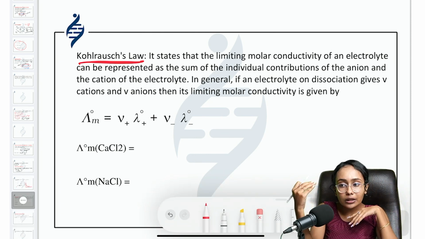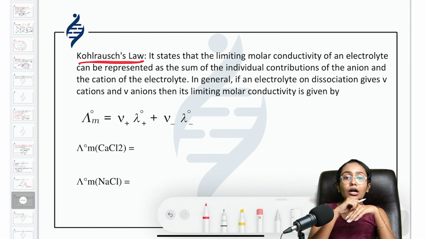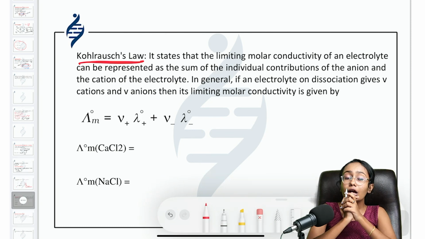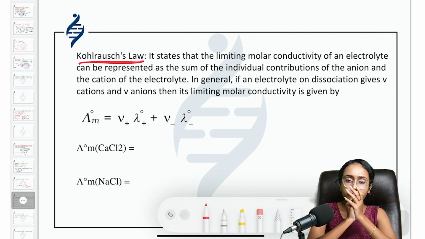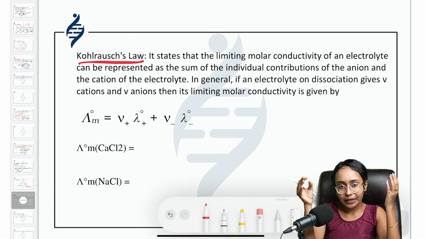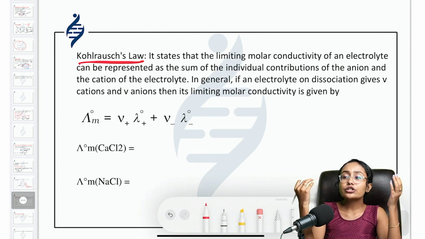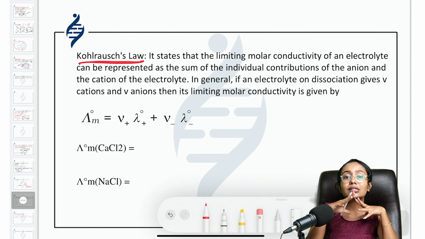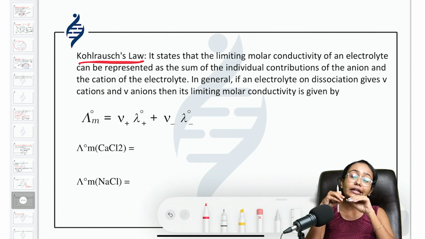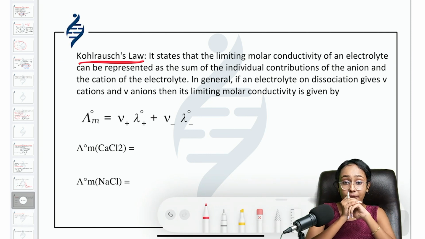You might have heard of the principle of superposition, the law of conservation of mass, energy, charge, momentum, and many more. What does that conservation mean? Taking the example of the law of conservation of mass, the mass of a substance is equal to the sum of the masses of the individual components.